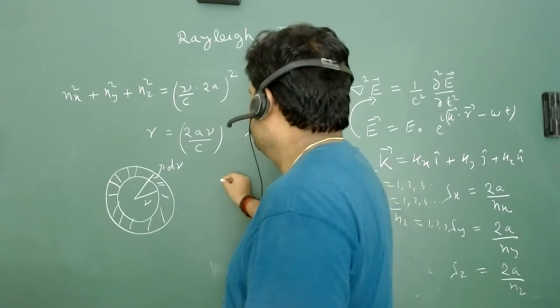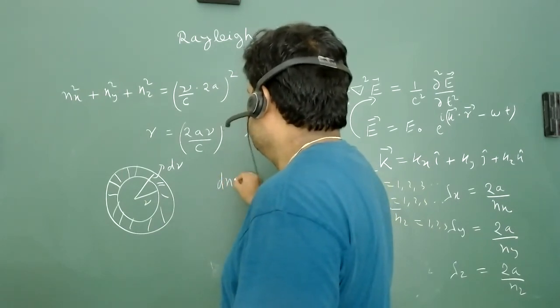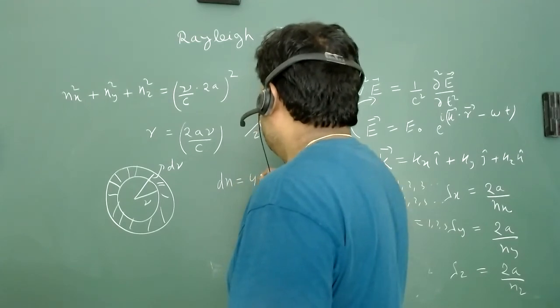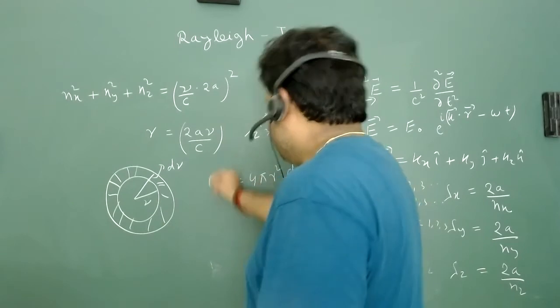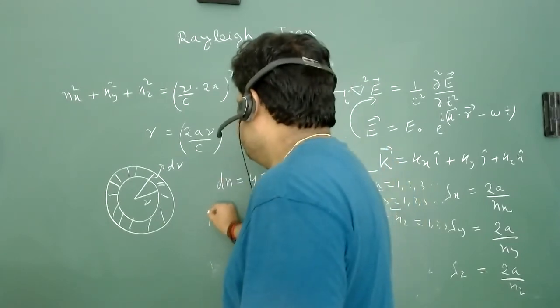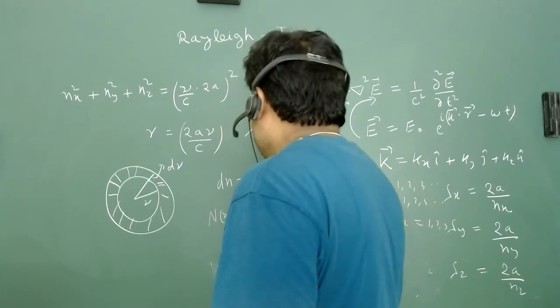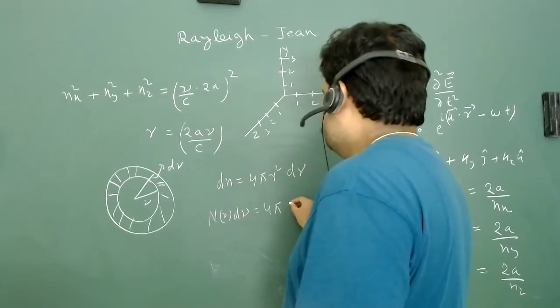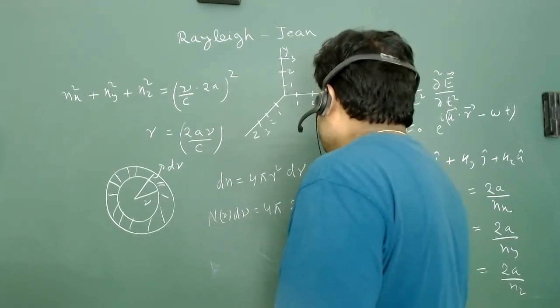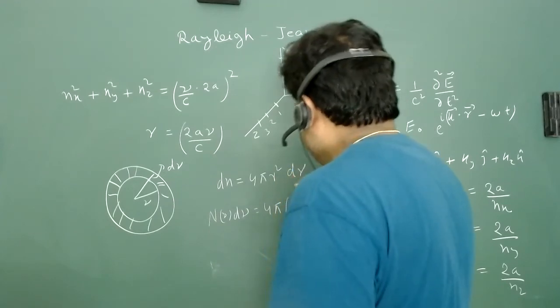The volume dn is nothing but 4 pi r square dr. And this dn is again written as n nu d nu, that is 4 pi r square, so we can use 2a upon c nu whole square d nu.